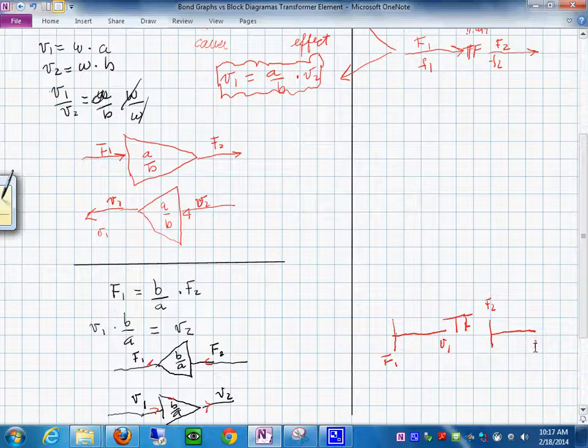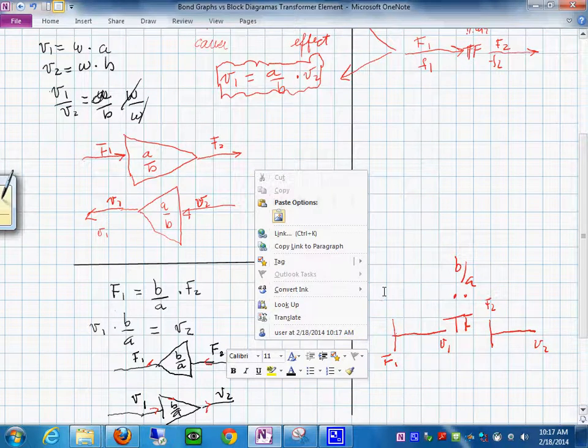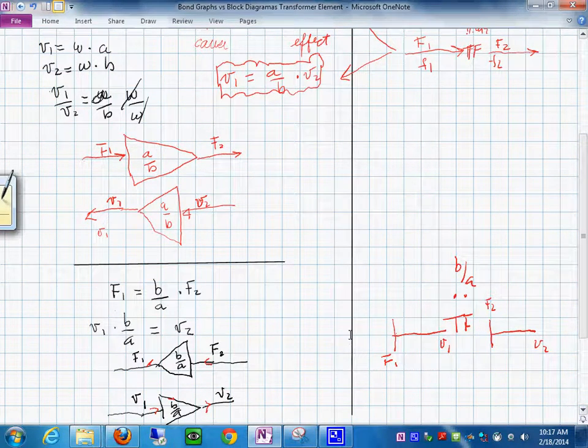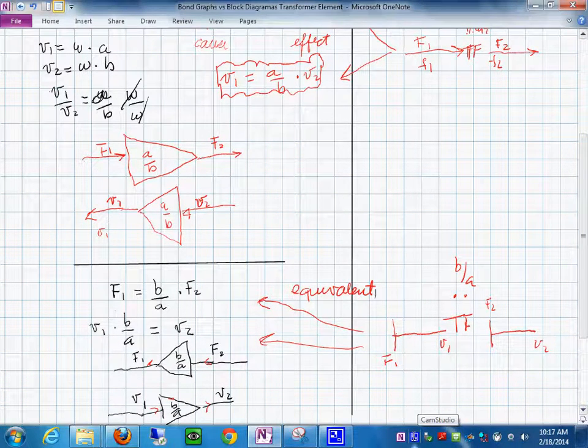And this would be v sub 2. And the modulus in this would be B over A. So this is equivalent to these two equations. See, those two equations are equivalent. Okay, so that way we have the equivalency for the transformer element.